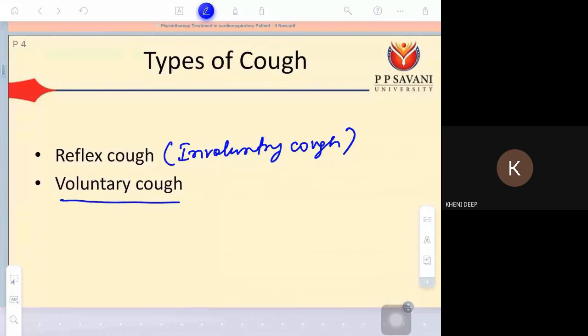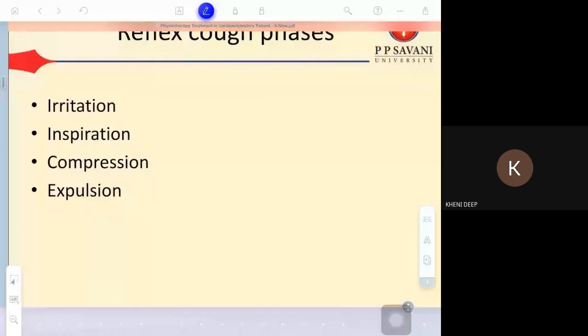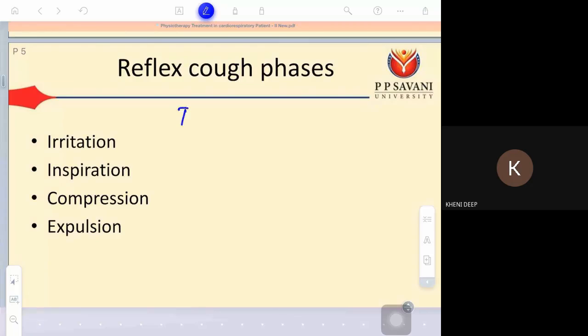So there are two types: voluntary and involuntary, or reflex and voluntary cough. So what is reflex cough? Reflex, that is involuntary cough.